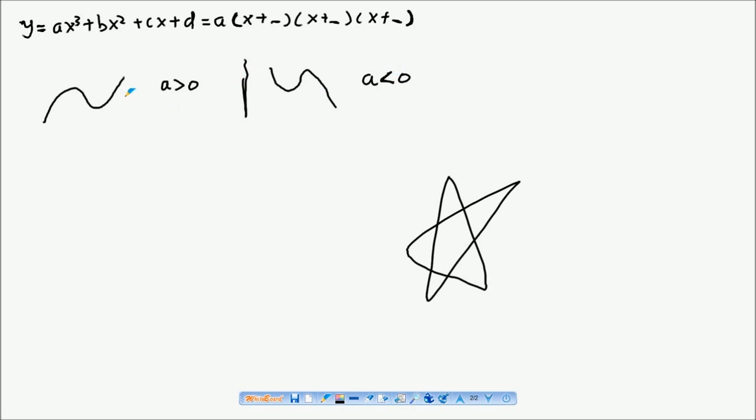Okay, and the simple way to do it: when the coefficient of x cubed, a here, is a positive number, the ending part points upwards. When it's a minus number, the ending part points downwards. Okay, that's a simple way to remember it.